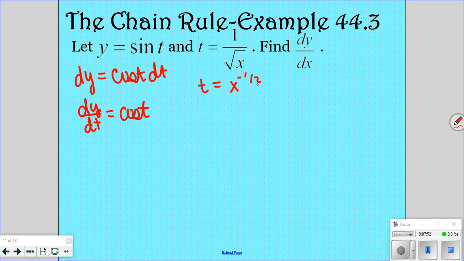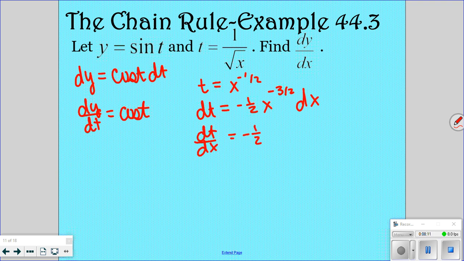So then take the differential of your equation, and you'll get dt equals negative 1/2 x to the negative 3/2, because you have to subtract 1, and then dx. So dt over dx equals negative 1/2 x to the negative 3/2.